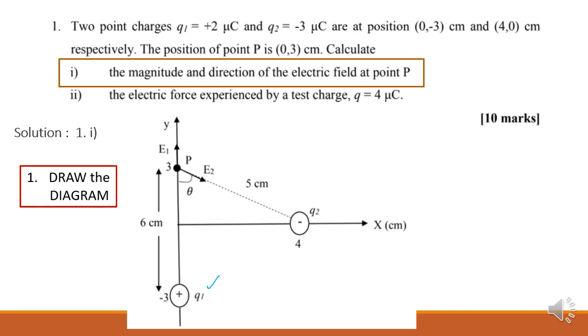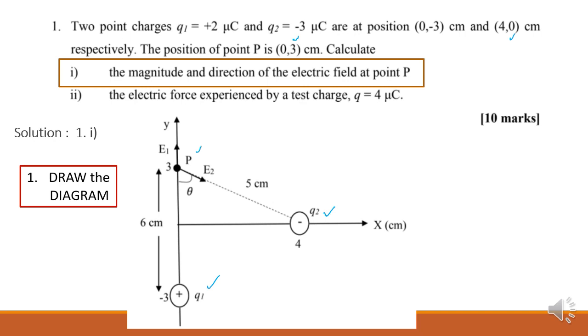Okay, and then we have Q2, negative charge, is located at 4 x-axis and 0 at y-axis. Okay, kita ada juga point P. So it is located at 0, 3 cm, 0 dekat x-axis dan 3 dekat y-axis.